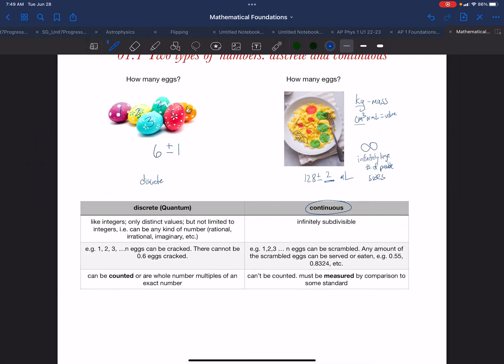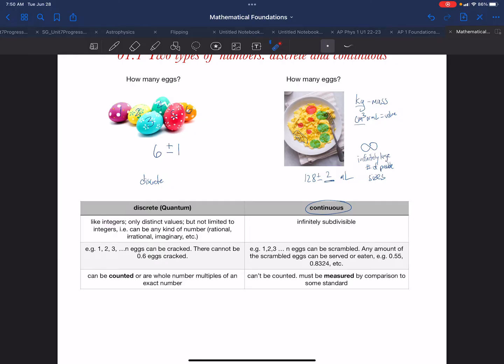So to summarize the difference between discrete and continuous, discrete things are like integers. There's only distinct values. But it turns out those values are not limited to integers. The example I've chosen is integers, but not all examples are integers. They can be any kind of number. For example, we can have any number of eggs that can be cracked, but you can't crack 0.6 of an egg.